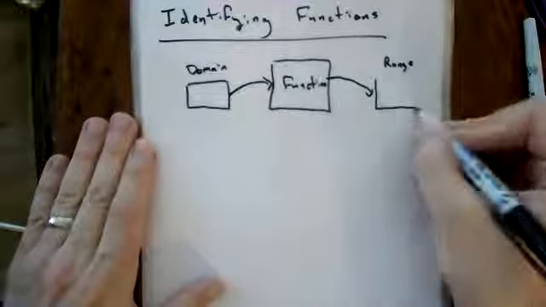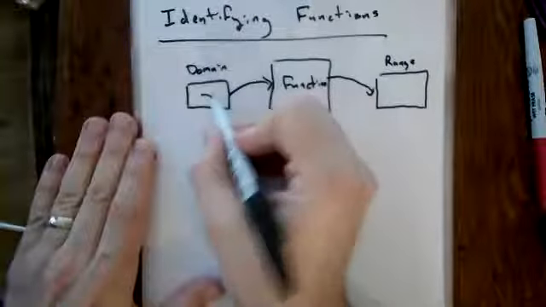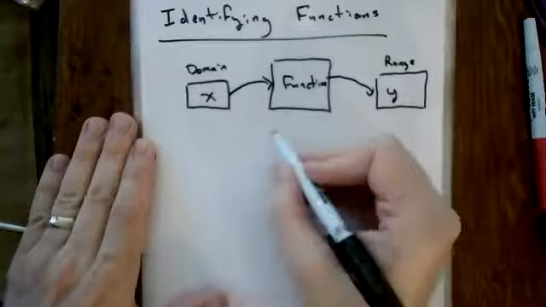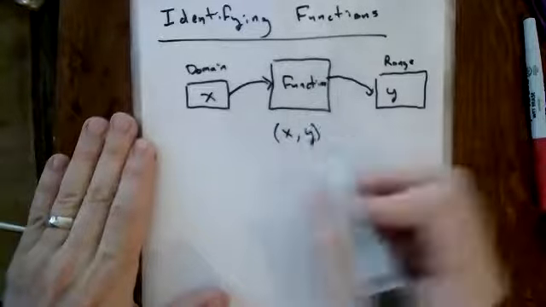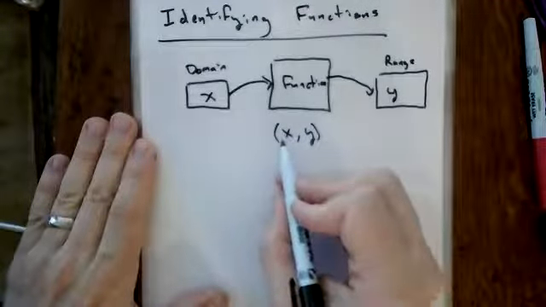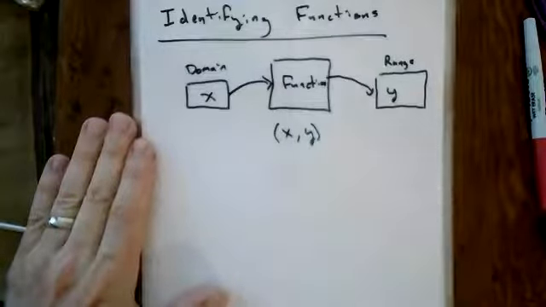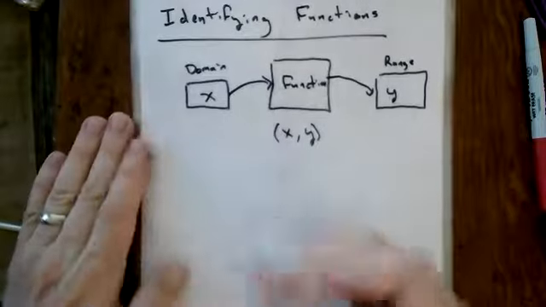We tend to think of this as X and Y. Usually we think of some sort of relationship as listing some values of X and a corresponding value of Y, and this is the way a function should work.